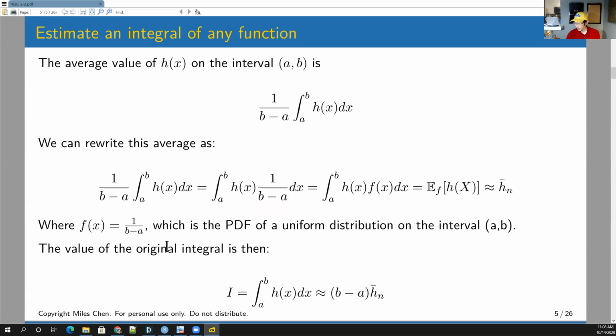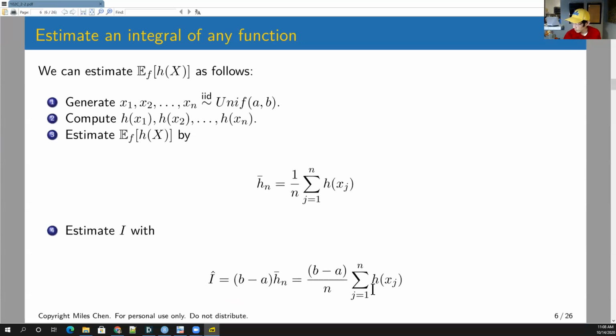And if you want the original integral, all you do is multiply by the constant b minus a. So this integral can be approximated using b minus a times h bar of n.